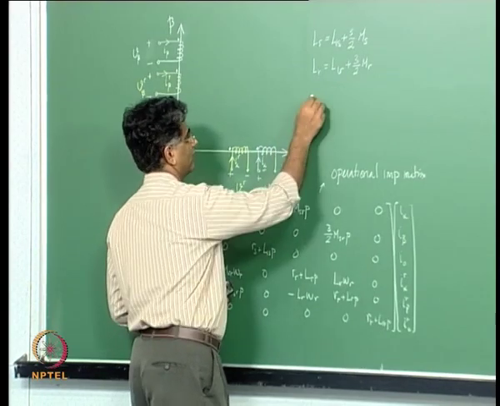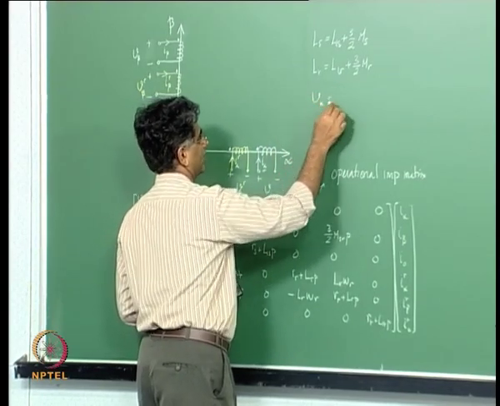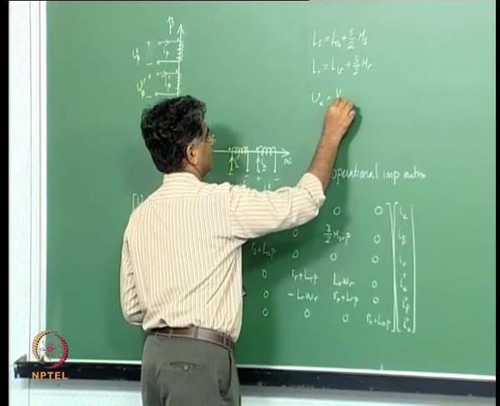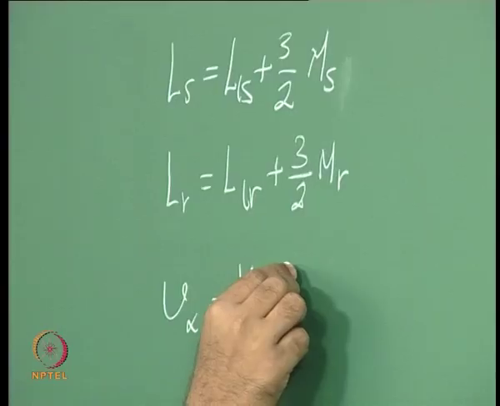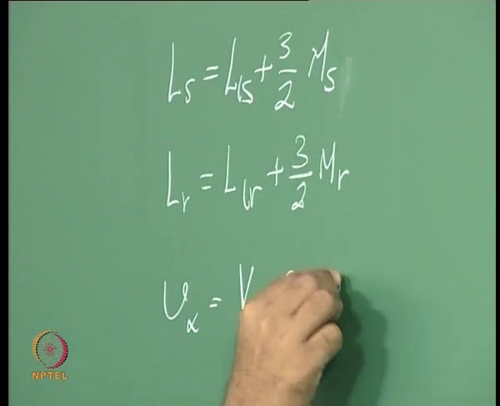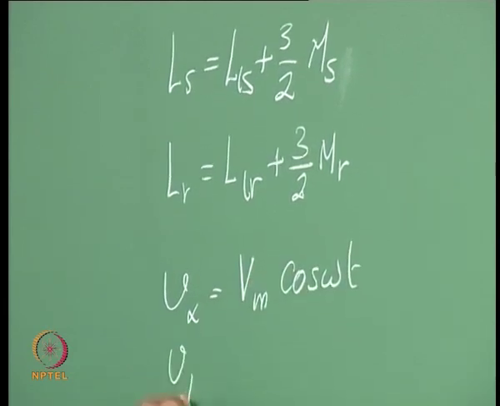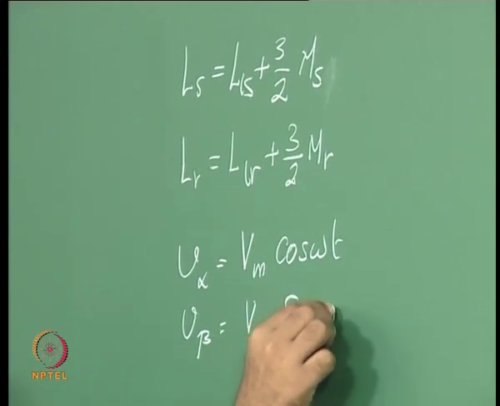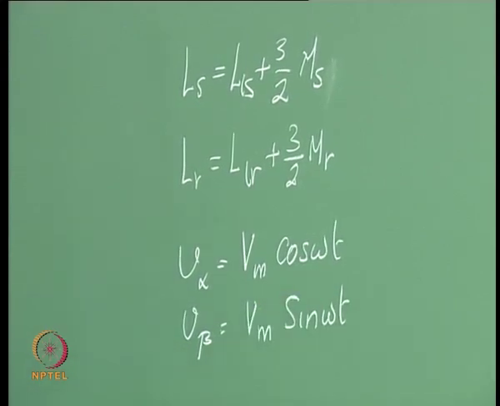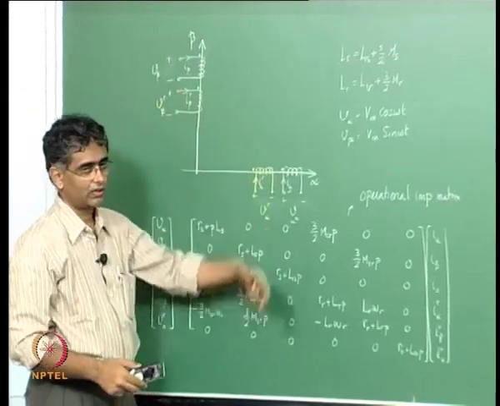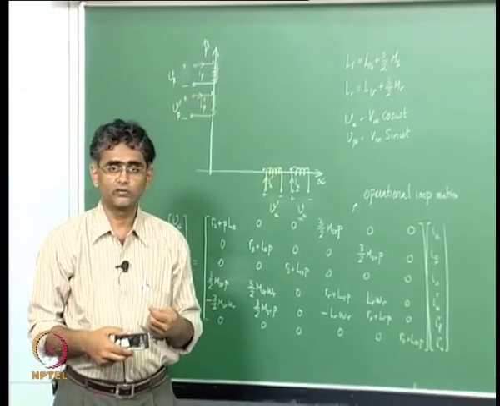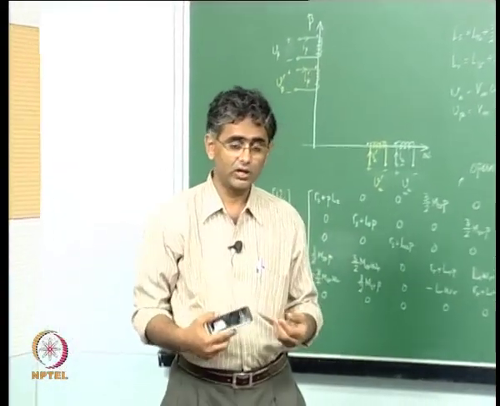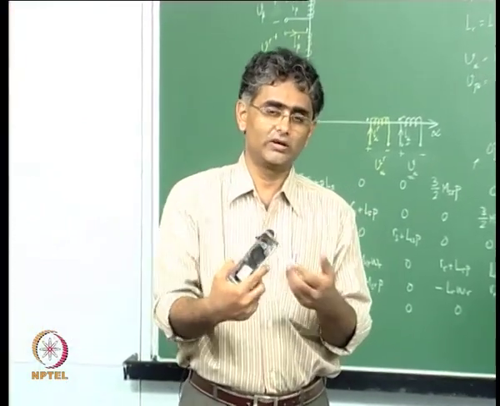So, V alpha would then have an expression like Vm into cos of omega t, and then V beta would then be Vm into sin of omega t. All the variables here are now going to be at the frequency of the supply. The entire machine behavior is viewed from the stator terminals.